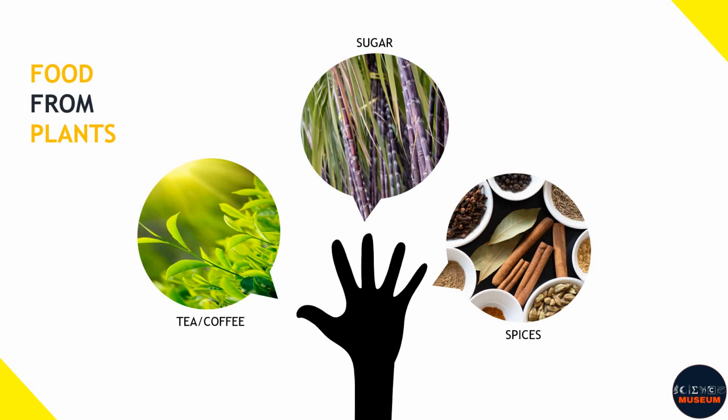Pepper, cloves, coriander and turmeric are some common spices. Spices used to flavor uncooked food are called condiments. On the basis of the above discussion, now you can understand that we get most of our food from plants. In other words, plants are the main source of food on the earth.